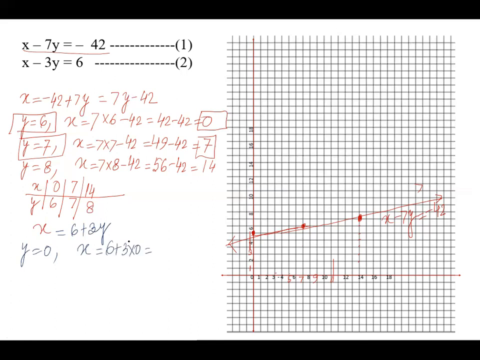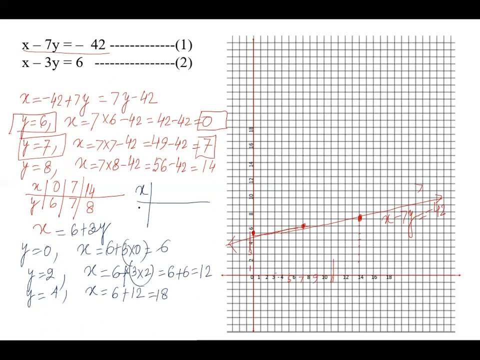That will be 6. y is equal to 2. x is equal to 6 plus 3 into 2, 6 plus 6. That will be 12. Third one, I am taking y is equal to 4. x is equal to 6 plus 12. That will be 18.